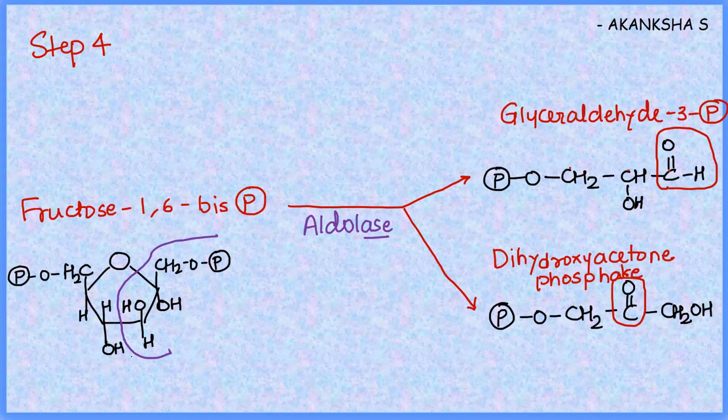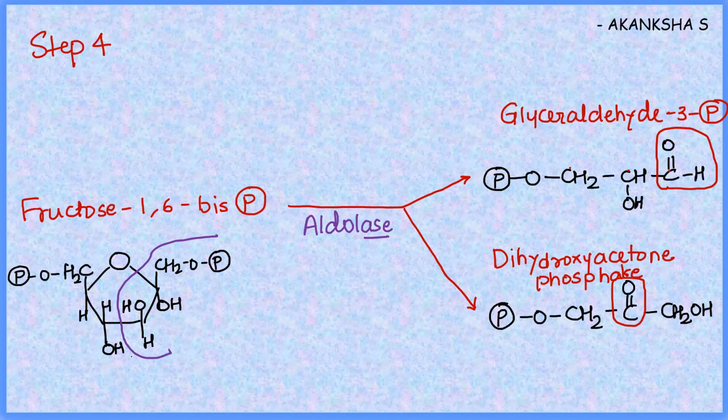As soon as glyceraldehyde 3-phosphate is generated, we say that our preparatory phase is over. From step number 5 onwards, we enter the payoff phase. Whatever investment we had to make into these compounds is done. Now we are going to only reap the benefits.